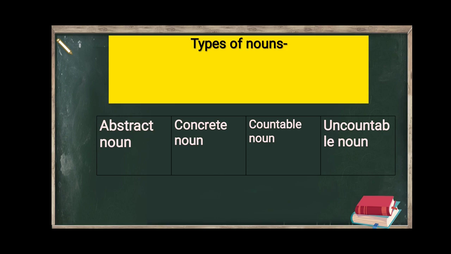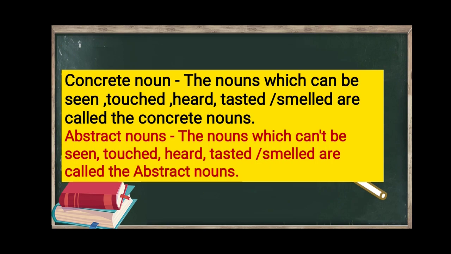Now, students, in that class only we have also discussed the very first two types of nouns, which are concrete noun and abstract noun, and we got to know that the nouns which can be seen, touched, heard, tasted or smelled are called concrete nouns.